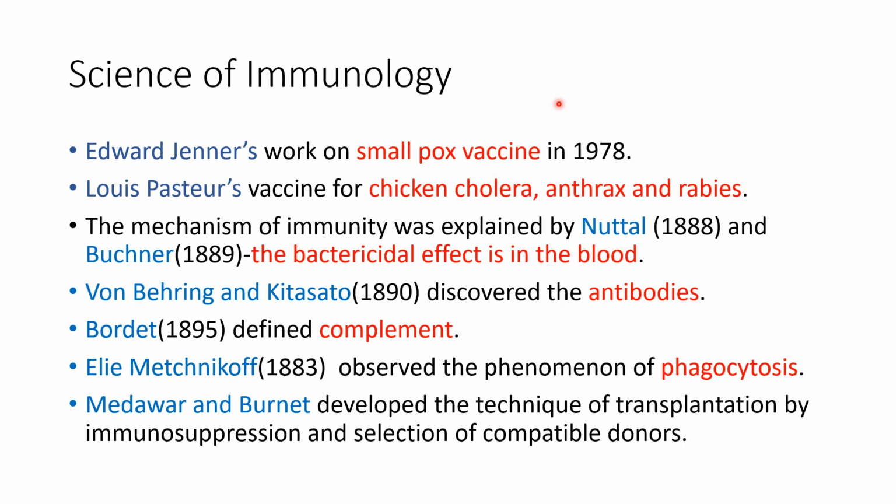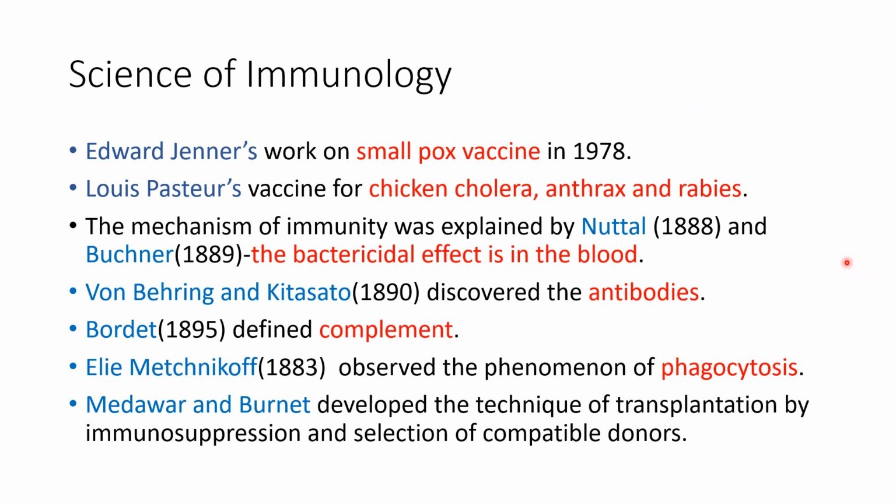After seeing the work of Edward Jenner, Louis Pasteur came out with different vaccines for different diseases, as I already told, for chicken cholera, anthrax and rabies. And the mechanism of this immunity that happens in the human body was explained by Nuttall and Buchner. They said that the bactericidal effect is primarily seen in the blood of patients.